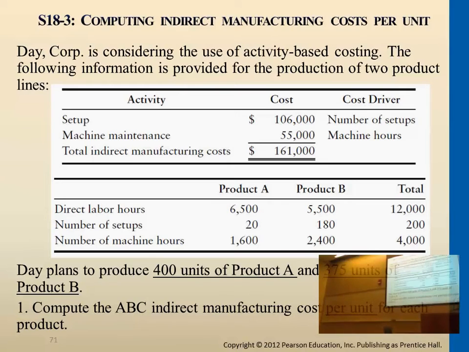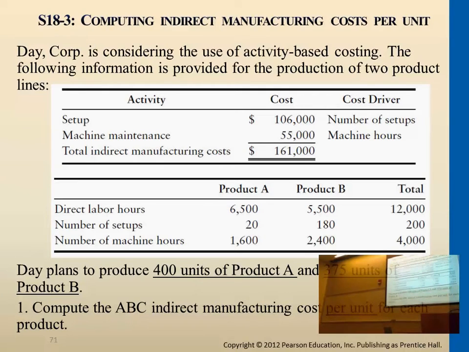How would you allocate the cost for product A and for product B? Multiply by how many each product uses, like the number of setups. So for number of setups for product A, we have 20. $530 the rate, multiply 20. And then for product B, again, we use this rate multiplied by the number of setups, 180.